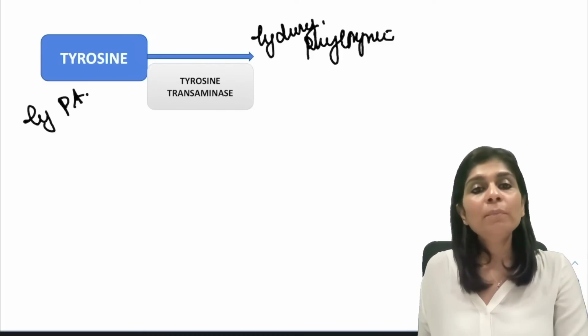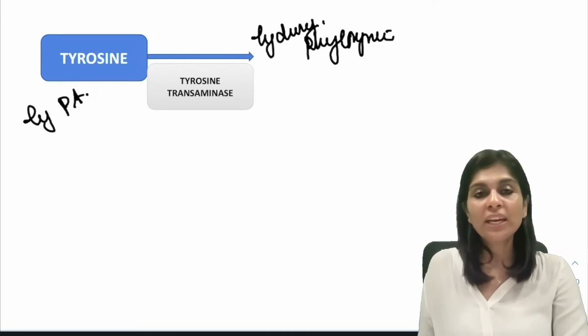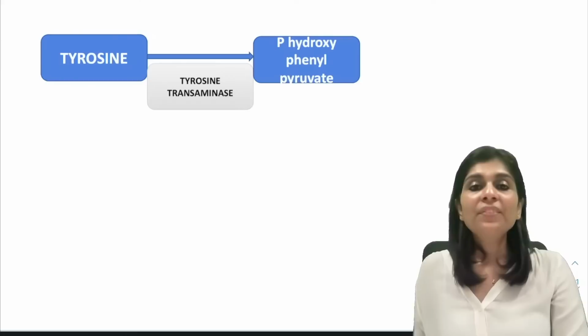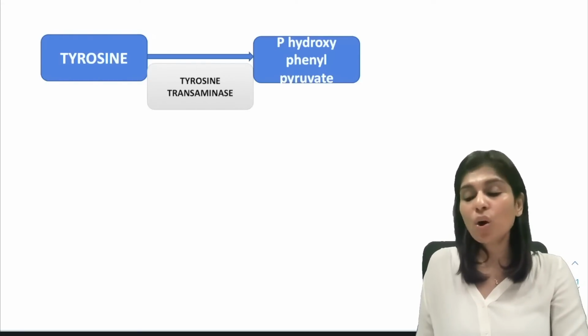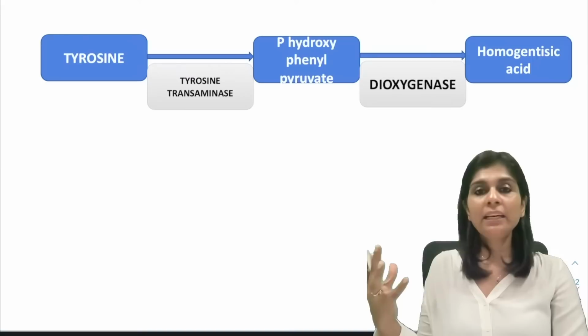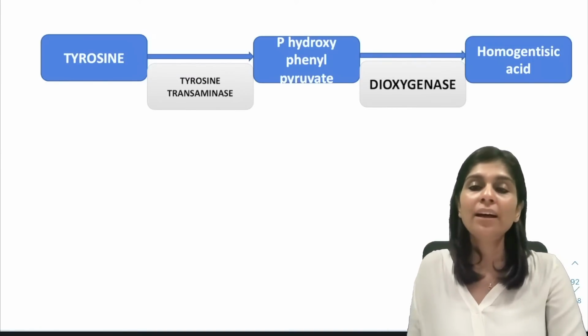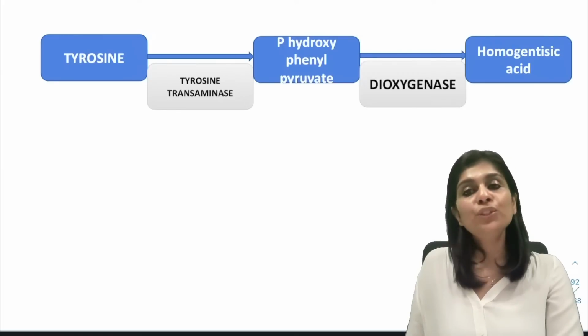So what is the product you get when tyrosine transaminase acts on tyrosine? You get para-hydroxyphenyl pyruvate. The next enzyme is para-hydroxyphenyl pyruvate dioxygenase. Logical name, right? If you have para-hydroxyphenyl pyruvate, the next enzyme has to be para-hydroxyphenyl pyruvate dioxygenase, which forms homogentisic acid.